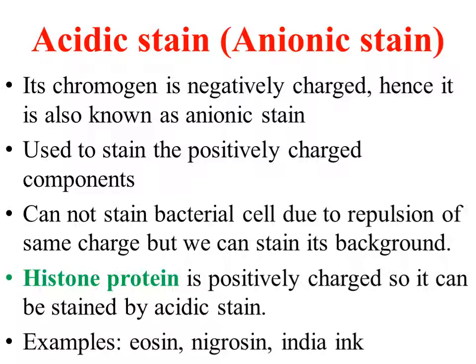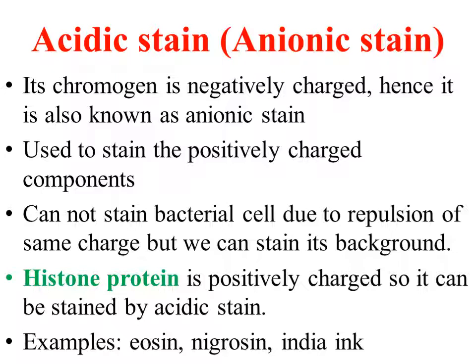And number three is that bacterial cells are negative in nature. The cell wall of the bacteria has negative charge because of the presence of carboxylic groups. So you cannot stain a bacterial cell using acidic stain. But you can stain histone protein, which is positively charged.